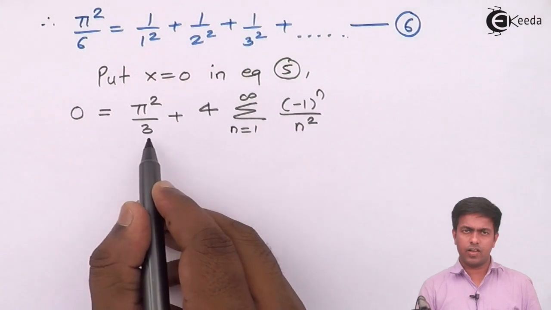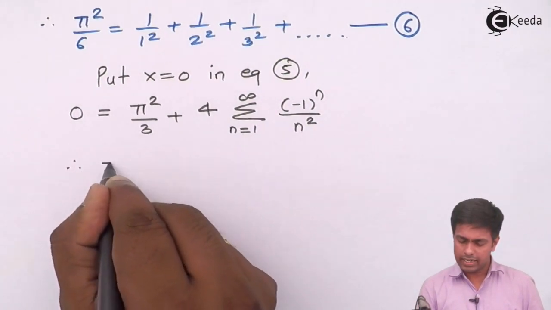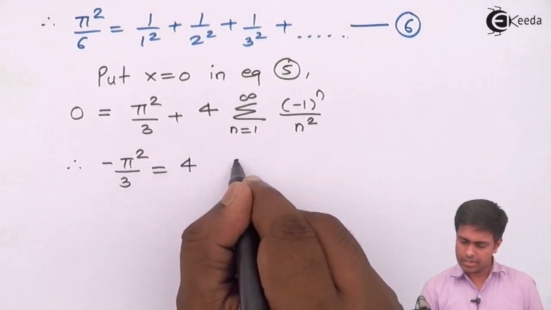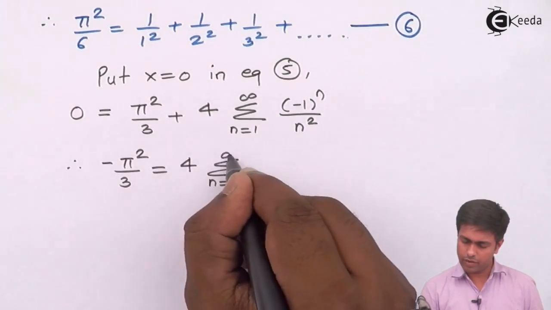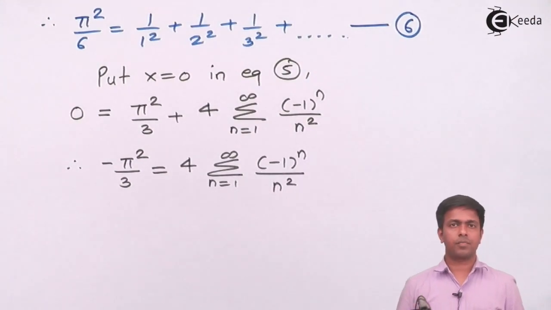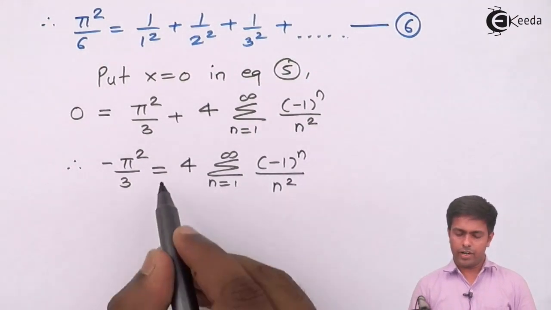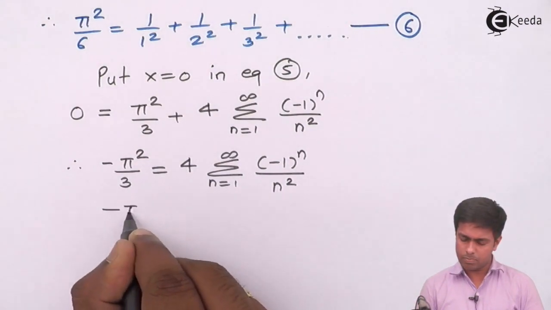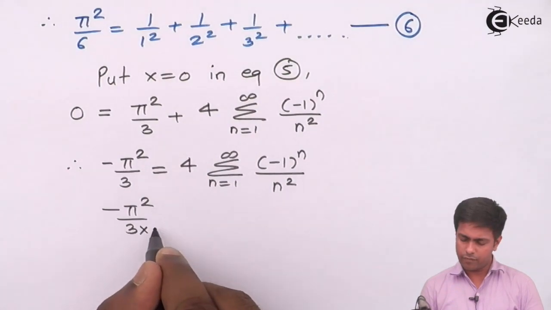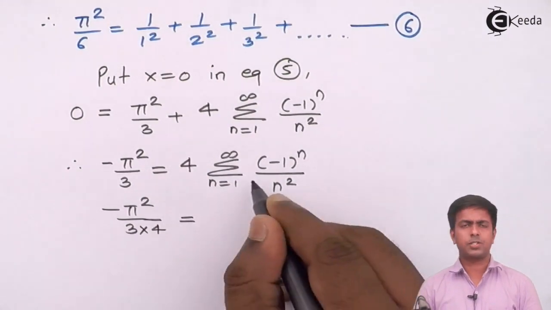Now if I take this value on the left hand side, that will become negative pi square by 3 equal to 4 times summation n equals 1 to infinity, minus 1 to the power n upon n square. So now if I take 4 here, that will become minus pi square by 3 into 4, that is 12. So I'll keep 4 as it is now and we'll expand this.